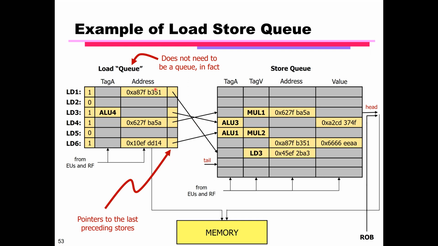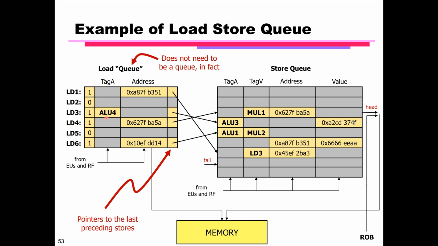So the load queue, again, consider it as the reservation station of the loads, which is very clear, right? There is here only the single operand that I need for a load, which is the address where I have to do the load, and either I have the address or I have the tag.